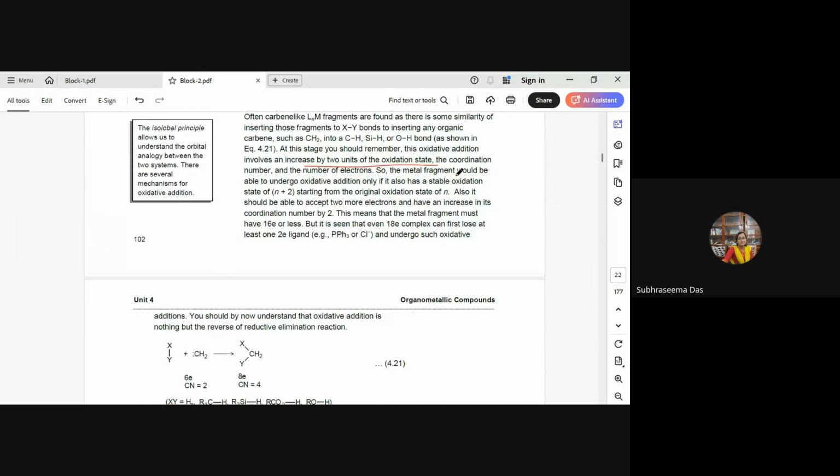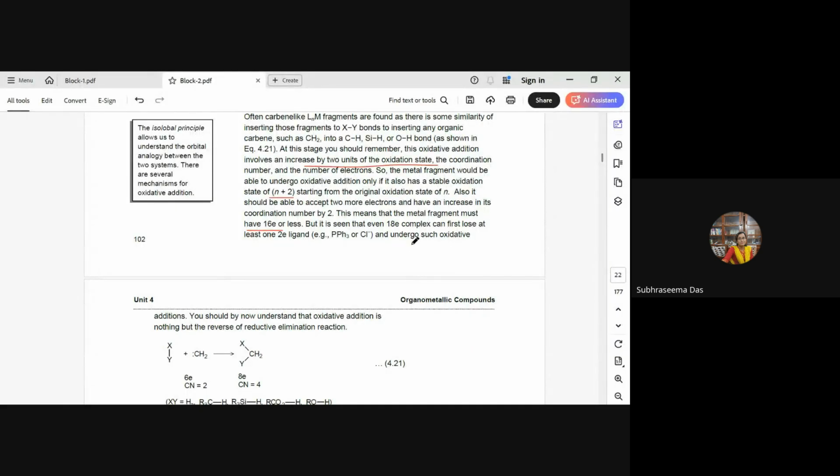The metal fragment should be able to undergo oxidative addition only if it has a stable oxidation number n plus 2. Also, it should be able to accept two electrons, because we know that oxidative addition increases the oxidation state by 2. It has been seen that the metal fragment must have 16 electrons or less, because this is one of the easiest approaches.